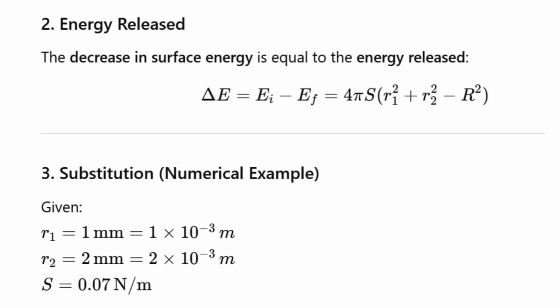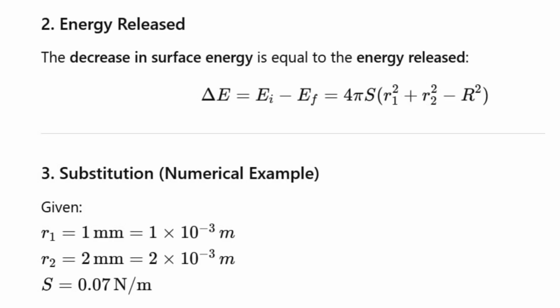Now let us talk about the energy released, and then do some numerical examples by substituting the parameters in the equation. The decrease in energy is equal to the energy released.